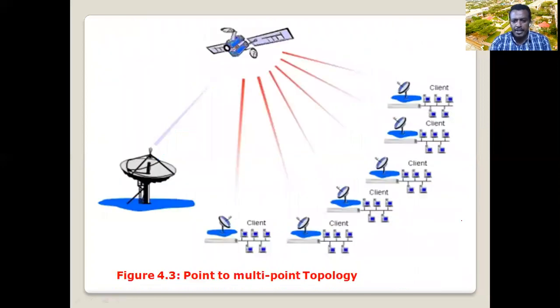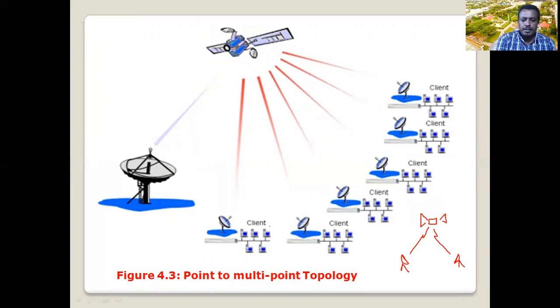For example, it can be point to point: one Earth station communicates through a satellite link to another Earth station. In this case, it is point to point, right?